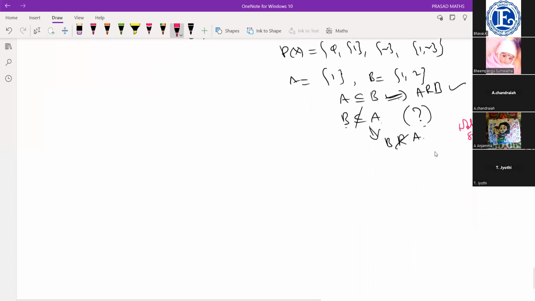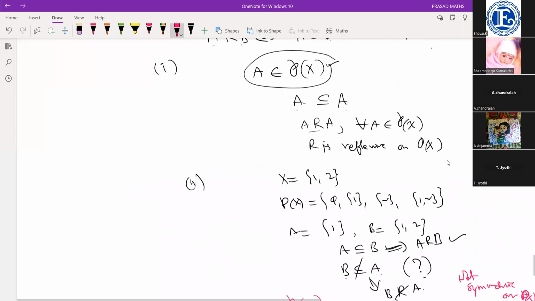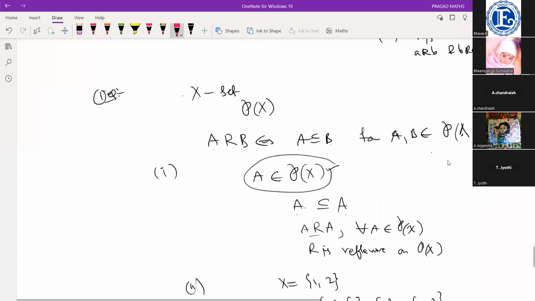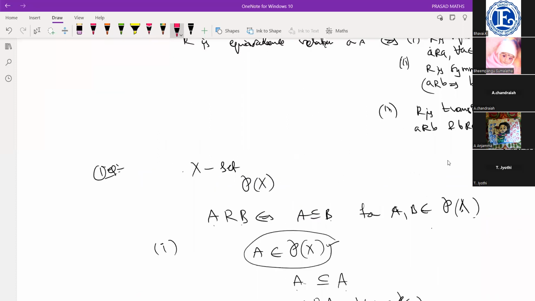Question: is it transitive? Yes, it is transitive. You take any three elements. How many elements are required to prove transitivity? Three elements.